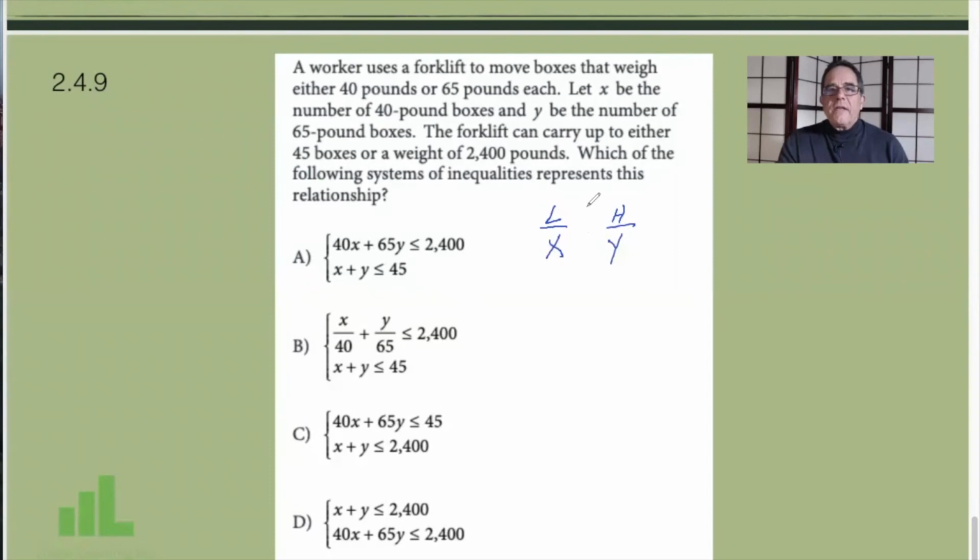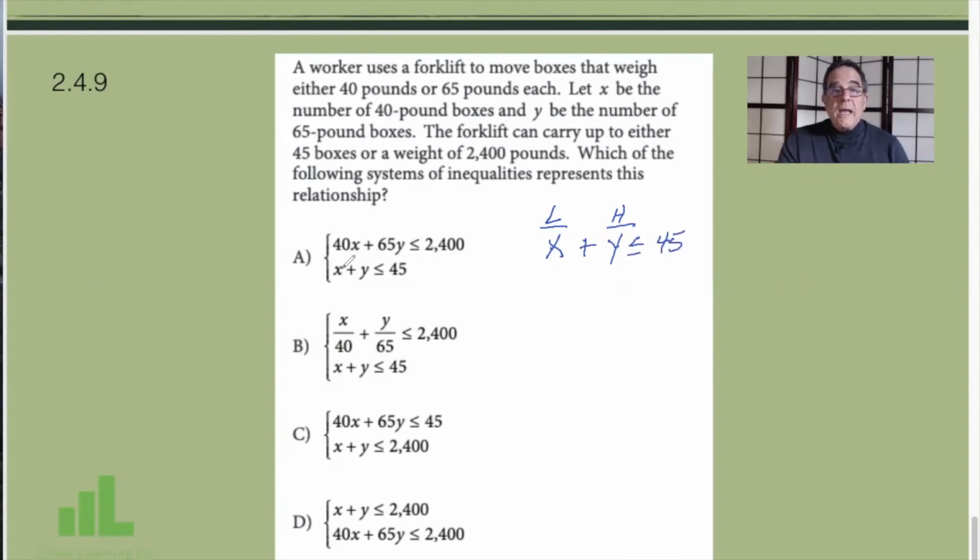The forklift can carry up to 45 boxes or a weight of 2,400 pounds. So we know that X, the total of light boxes, plus Y, the total of heavy boxes, can't be more than 45.